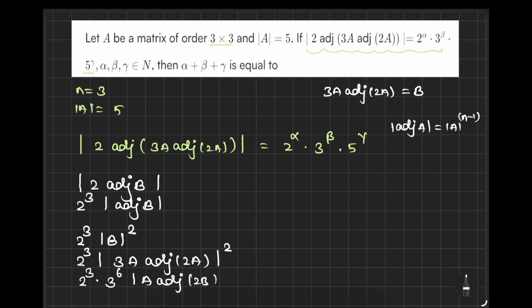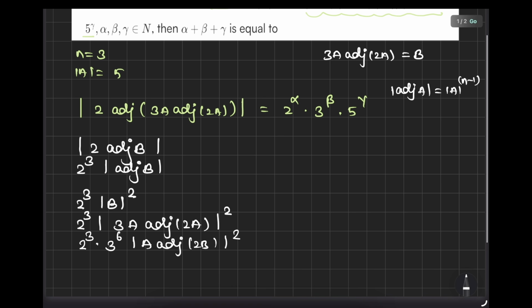Okay, and then we have a square. Correct. Now you know that determinant is distributive. Okay, you guys can distribute the determinant if it is given in the product.